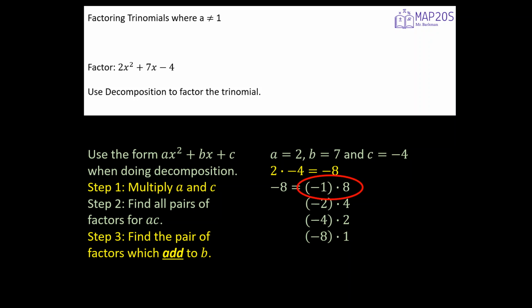Perfect. Actually, there we go. We have our answer. It's -1 and +8. So we now know our combination that's going to add to b. And this is the combination that we're going to use to decompose our trinomial, specifically the middle term in our trinomial. So remember those two numbers, because I'll bring them back on the next slide.